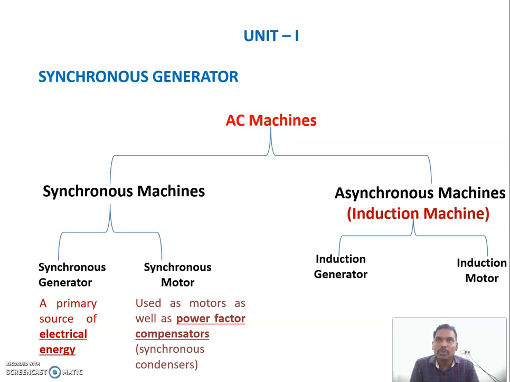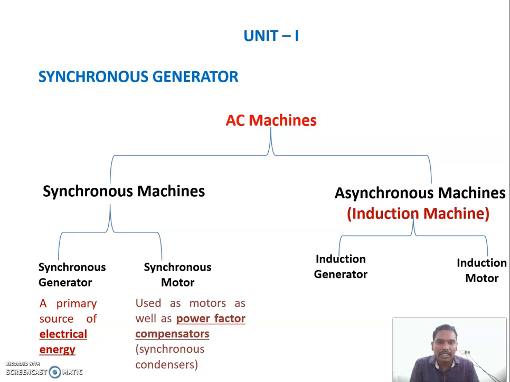The output of the motor is mechanical output, and the output of the generator is electrical. The main purpose of the synchronous motor is use as a power factor compensator, used for power factor correction, and we can call this motor a synchronous condenser.